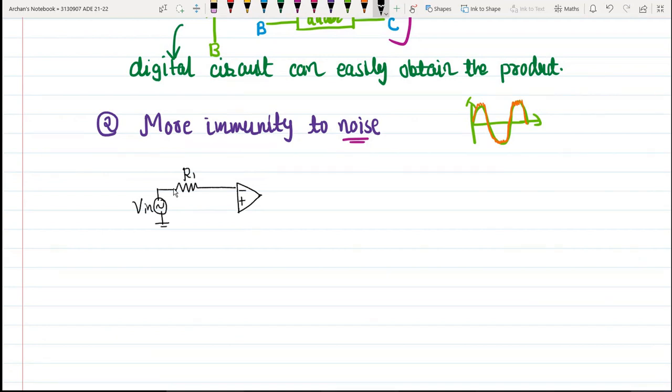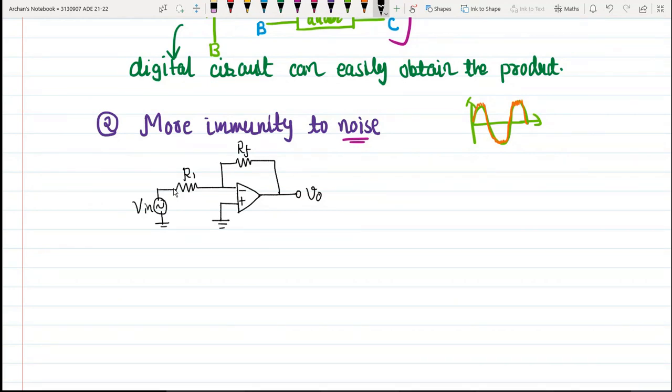This is one resistor, and here is where we get the output voltage. This is my feedback resistance RF, and the non-inverting terminal is grounded.